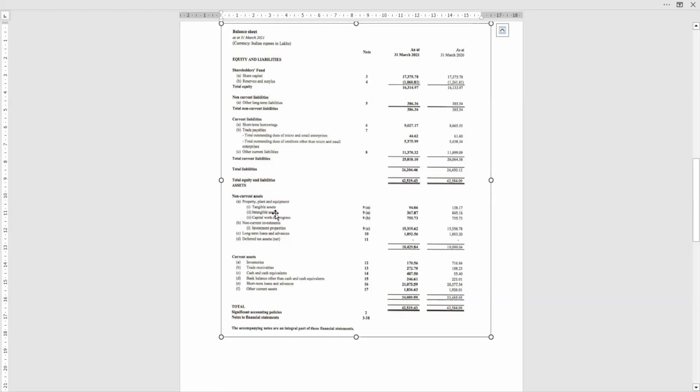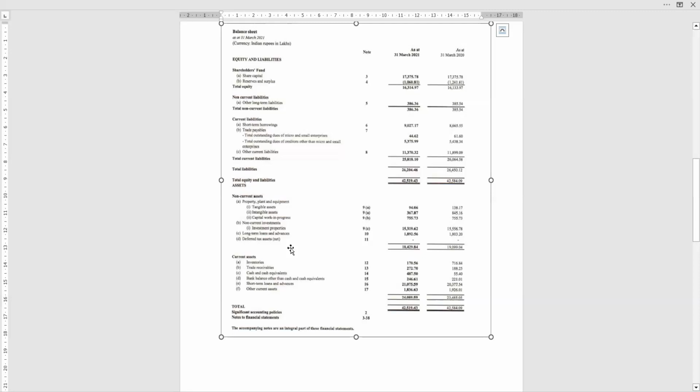Equity, assets, property, tangible net investments, advances, deferred tax, notice. That is, yes, one point.